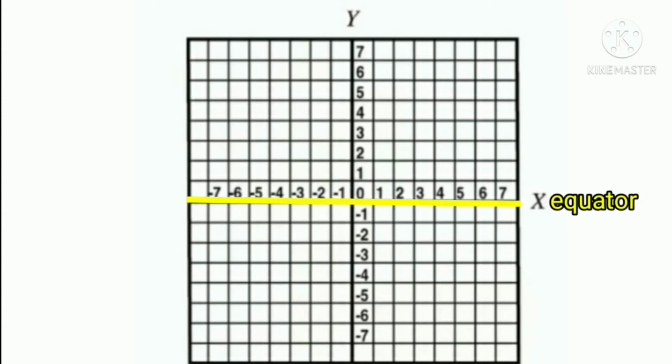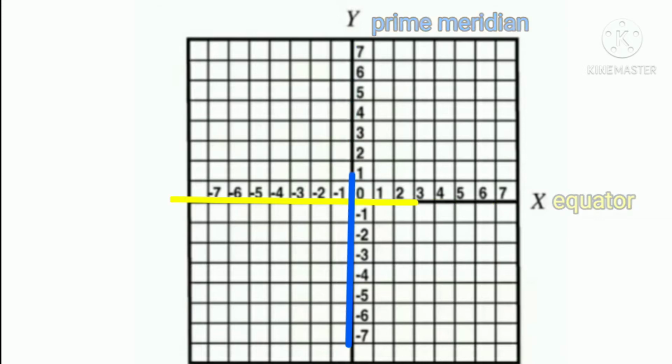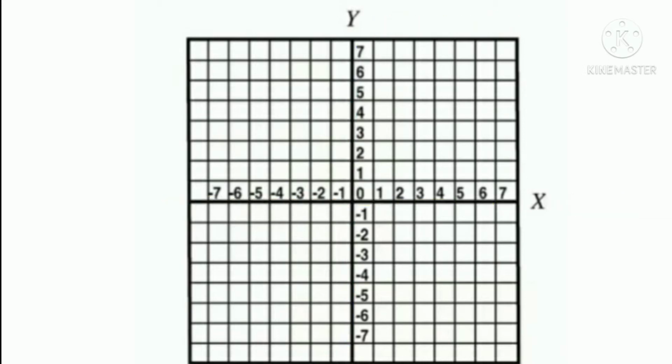In this case, the x-axis is the equator and the y-axis is the prime meridian, both at 0 degrees. A point can be located uniquely by how far to the left or right it is from the y-axis and how far above or below the x-axis.